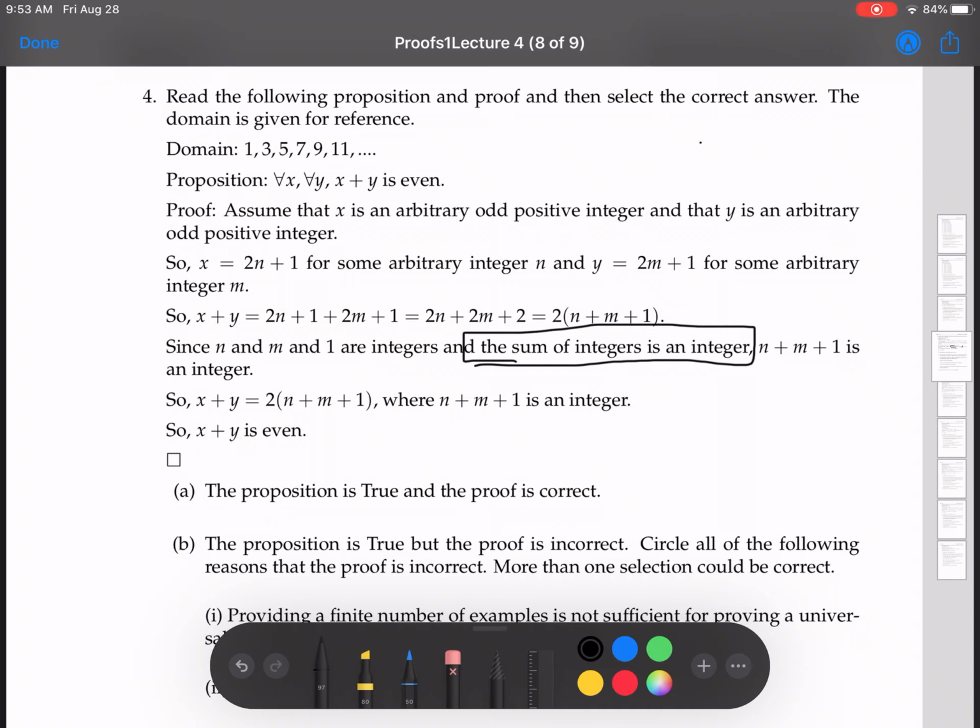But for the computer science majors, you're not going to have to prove that. For this class, we will just assume that this is correct, that when you add integers, you get an integer. Okay, so this is an assumption for this class. When you add integers, you get an integer. When you subtract integers, you get an integer. When you multiply integers, you get an integer.